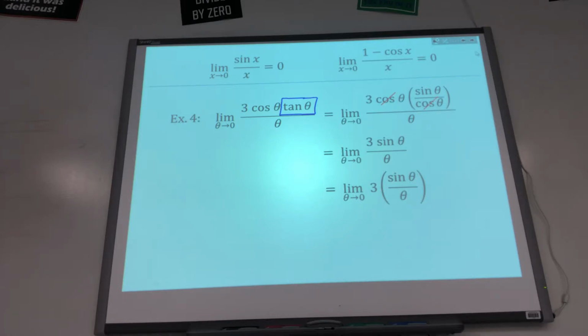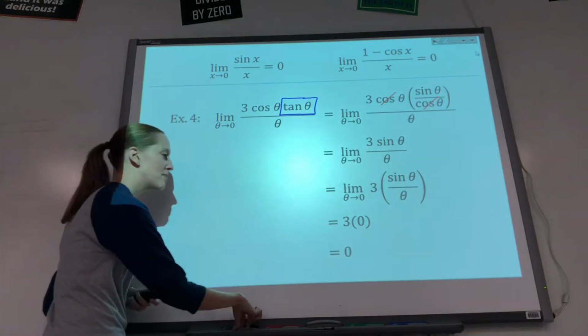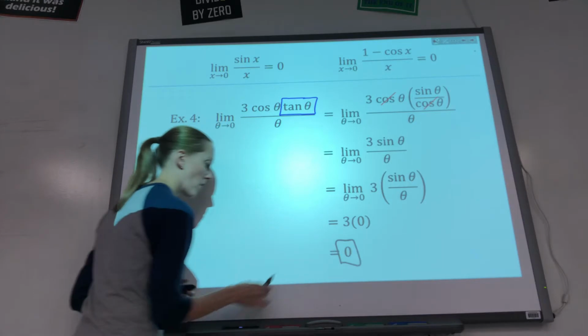And again, the limit of a product equals the product of the limits. So the limit as theta approaches 0 of 3 is 3. And the limit as theta approaches 0 of sine of theta over theta is 0. And then 0 times anything is 0.